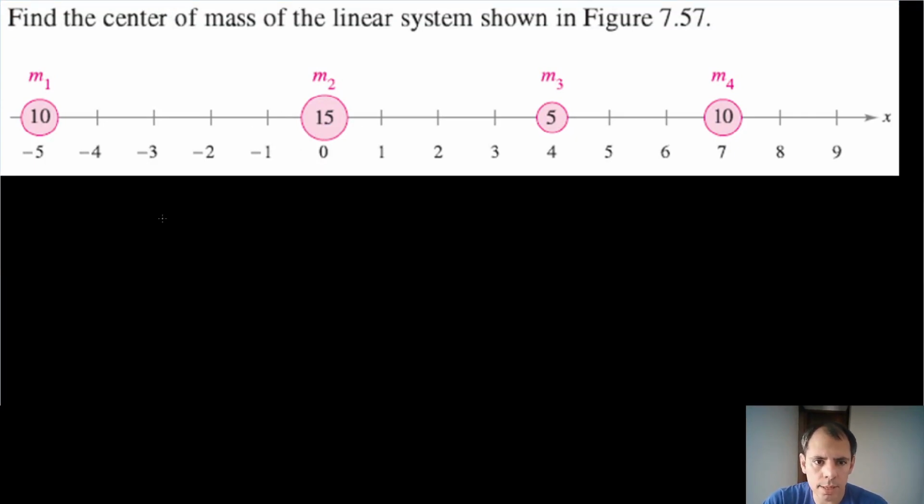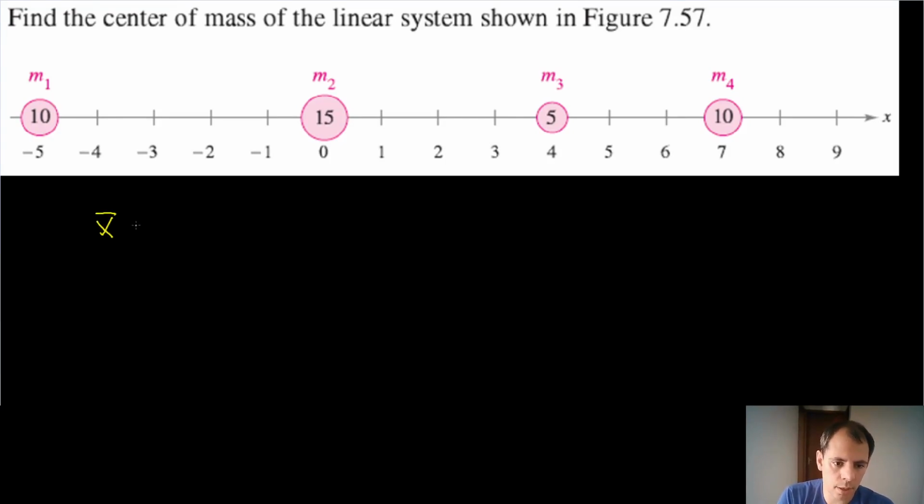Well, the center of mass, remember, it was the sum of all the moments about this point, the sum of all the masses times their distances from the 0 point, divided by the entire mass. That's the center of mass.